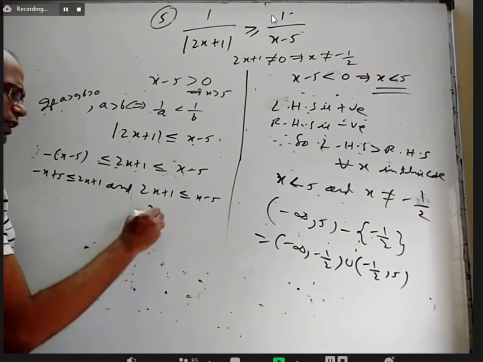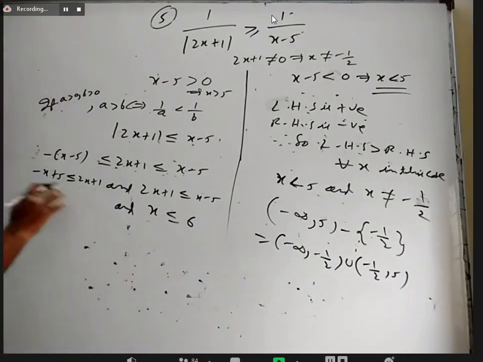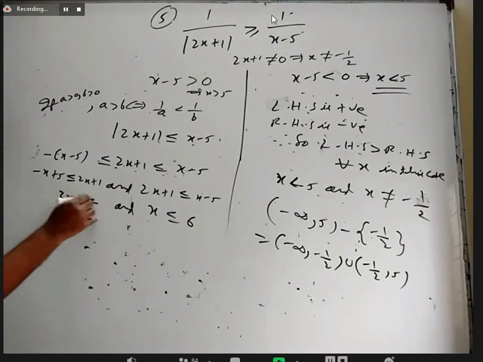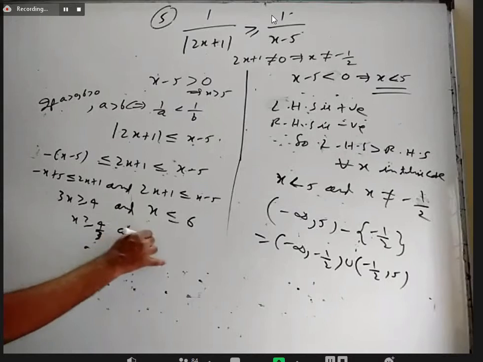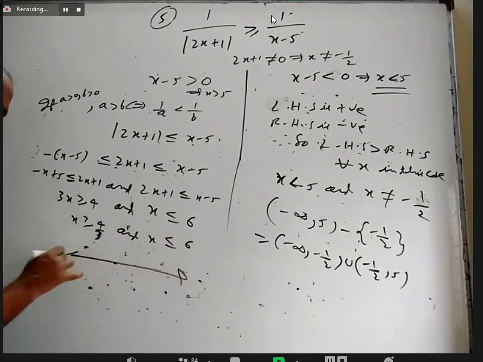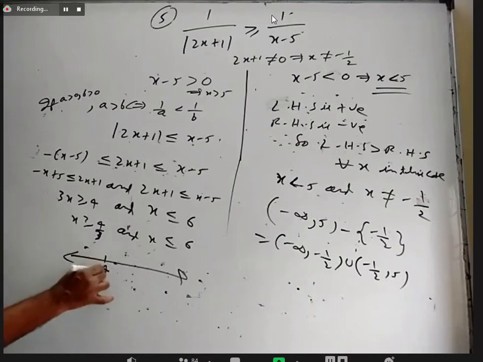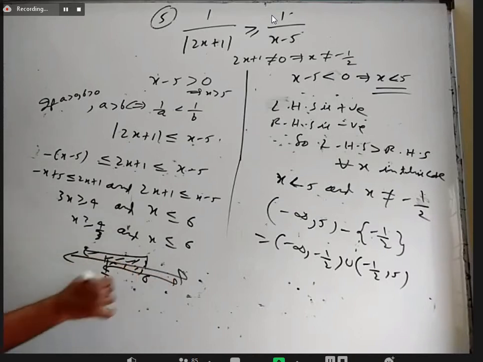This will give us x less than or equal to minus 6, and this will give us 3x greater than or equal to 4, so x greater than or equal to 4 by 3. On the number line, 4 by 3 is here, and 6 here. We want less than all these and more than 4 by 3, meaning between these.